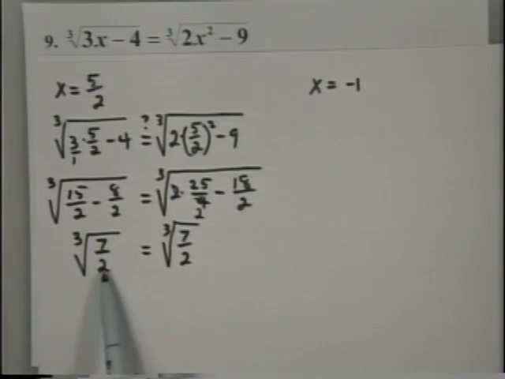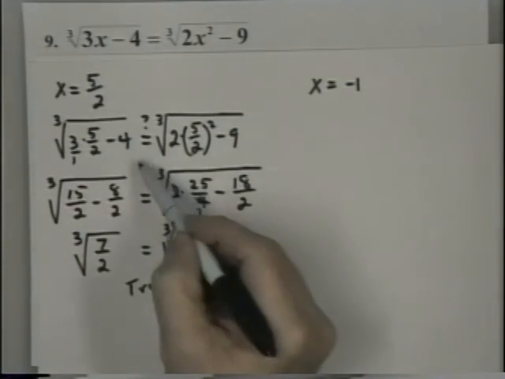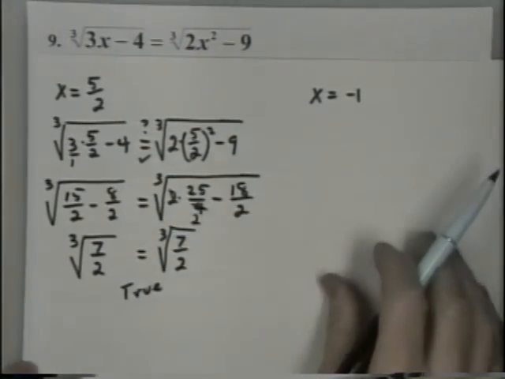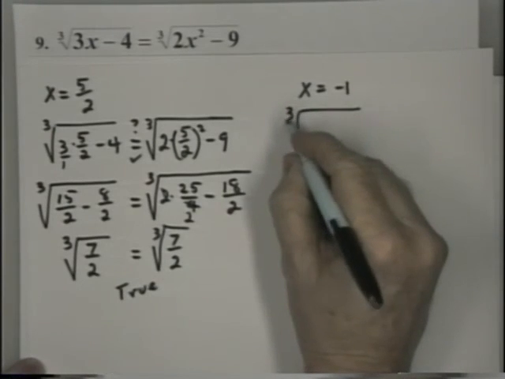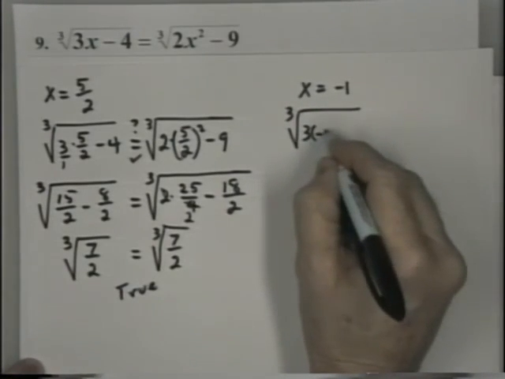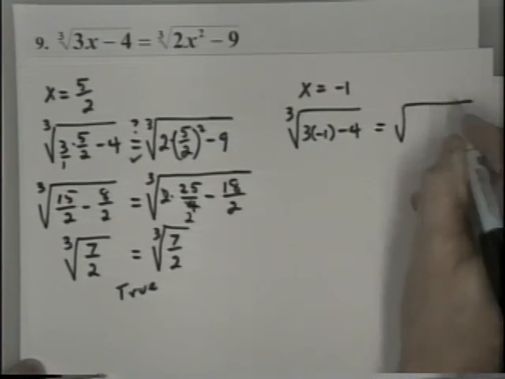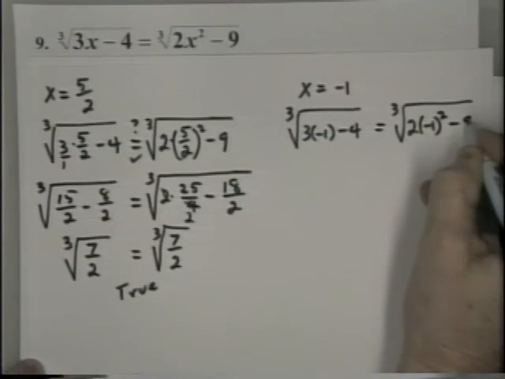Even though this didn't turn out to be a perfect cube, it turns out to be exactly the same cube root radical on both sides. So this has got to be true, which means this has got to be true. So this is a solution. And the other one ought to be a little easier to check. It's the cube root of 3 times the negative 1 minus 4. Is that equal to the cube root of 2 times the negative 1 squared minus 9?